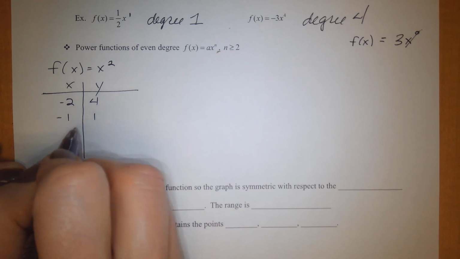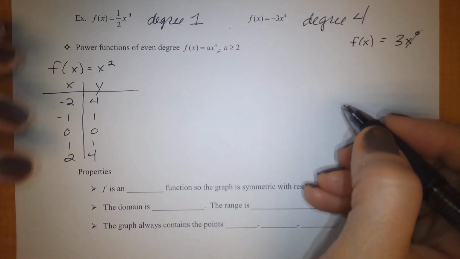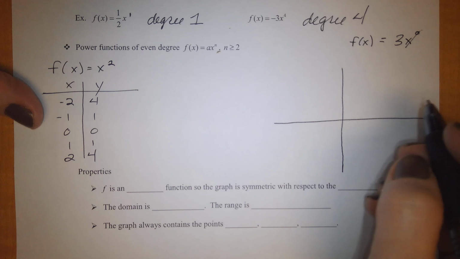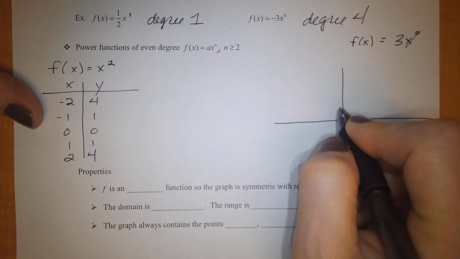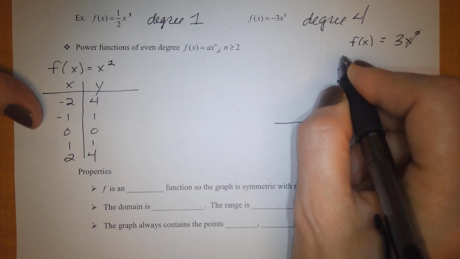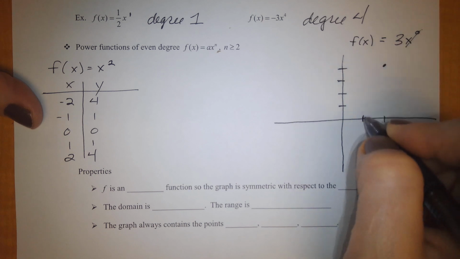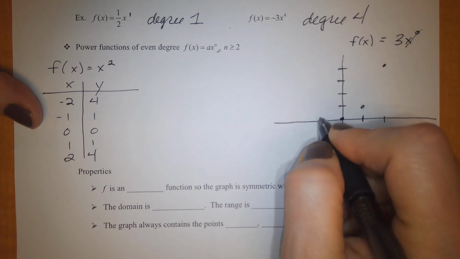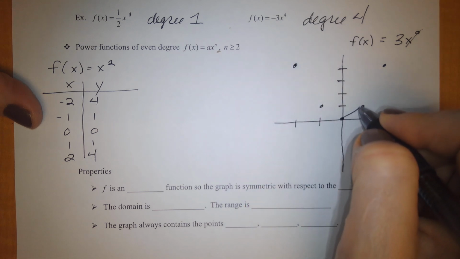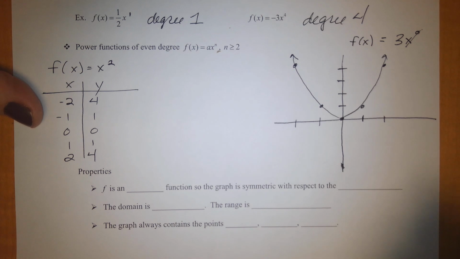If we square negative 1, we get 1, and so on. So if I graph this over here, we know it's a parabola.